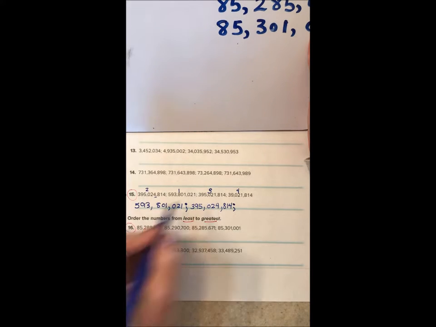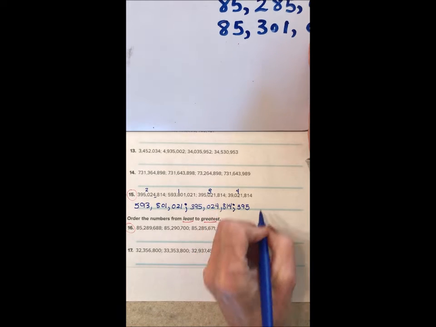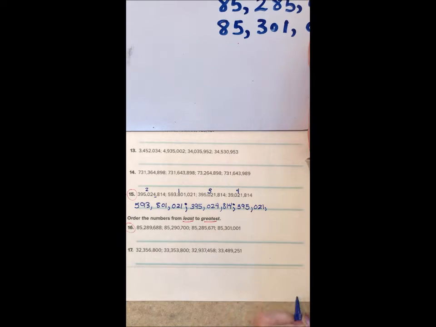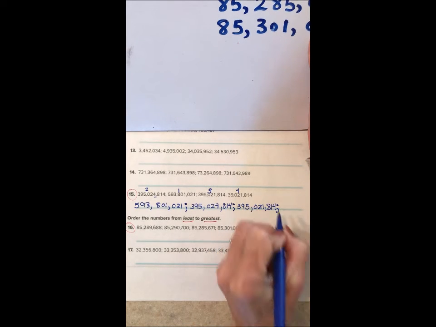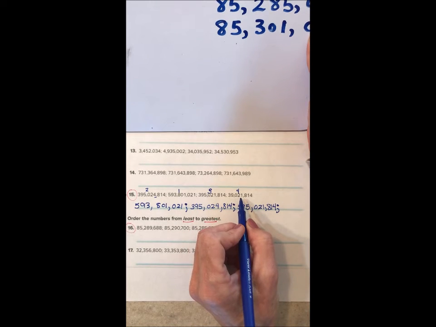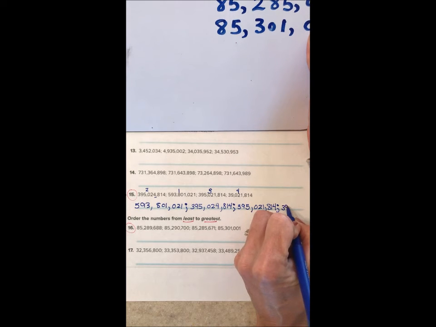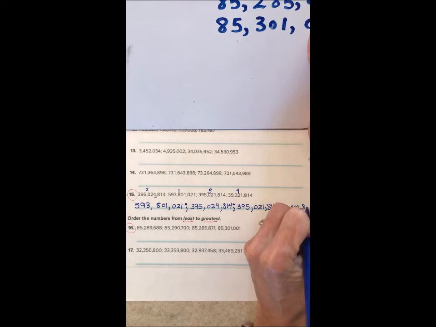We said this came next. 395,021,814, semicolon, because there's a new number coming. And finally, the last one is this number. It's only 39,021,814.